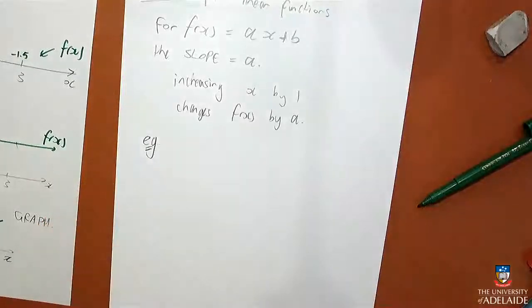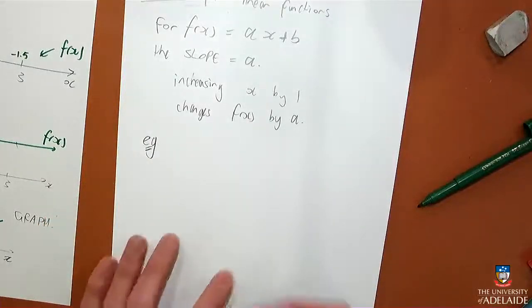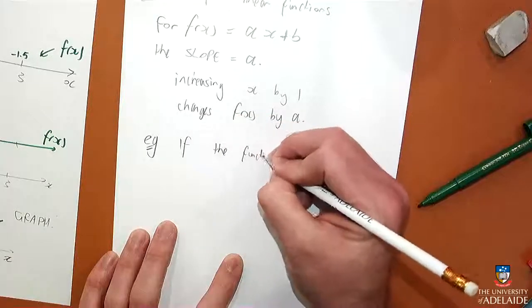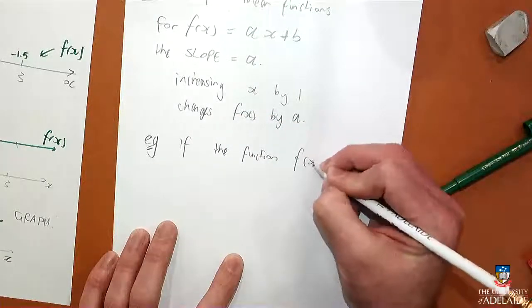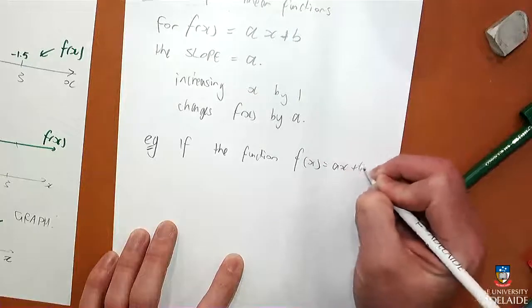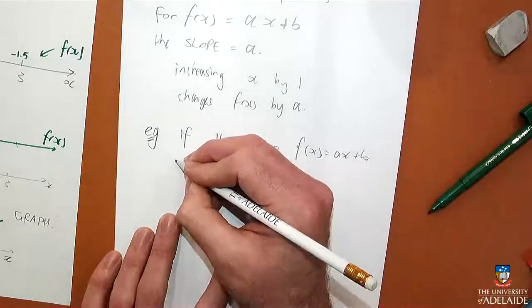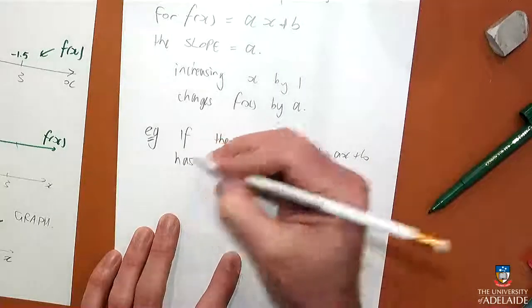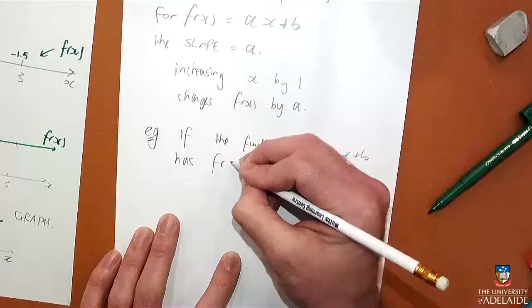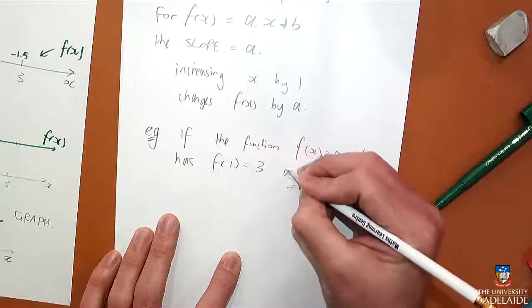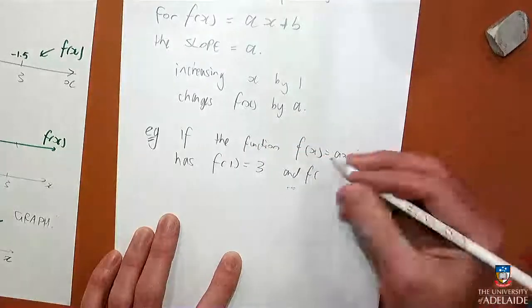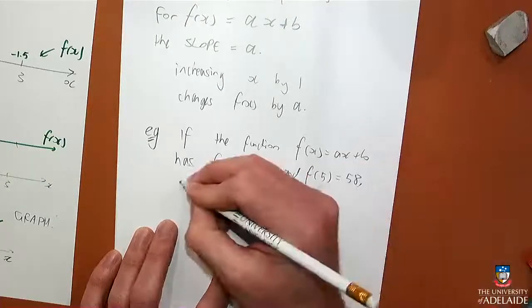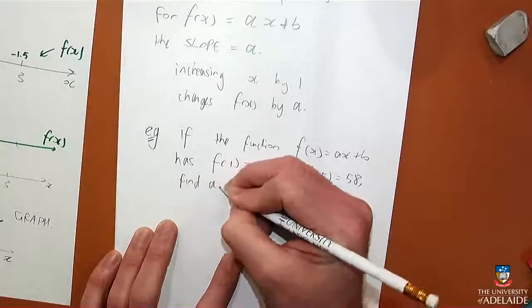So let me just do this. For example, if the function f of x equals ax plus b has f of 1 is 3 and f of 5 is 58, find a.